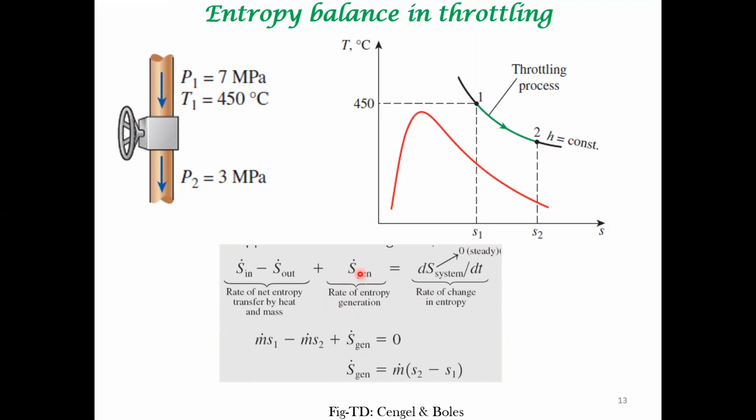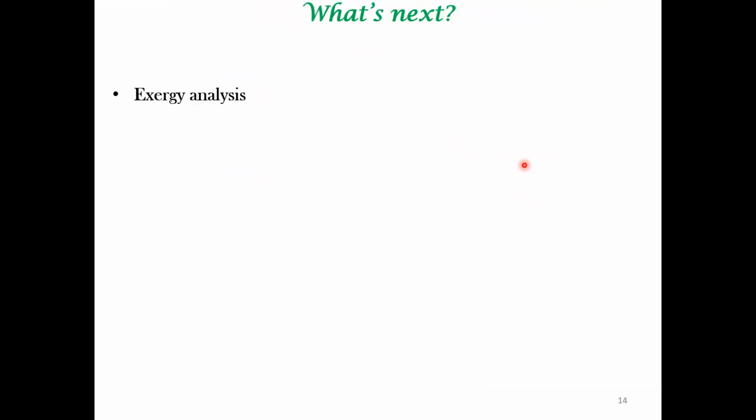All right, so go back and first understand these curves. You looked at such curves, but the point here is you're in a throttling process. We are on a curve where enthalpy is conserved. That gives you an idea of what the outlet entropy is, and then that helps you compute the entropy generation in this process.